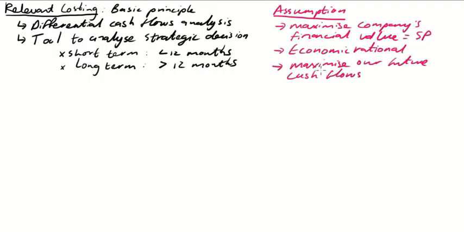So we get the present value of these future cash flows using an appropriate discount rate, and that's how we determine the share price. So how does this impact what we do during our differential cash flow analysis, and how does this impact what we do when we make a decision?